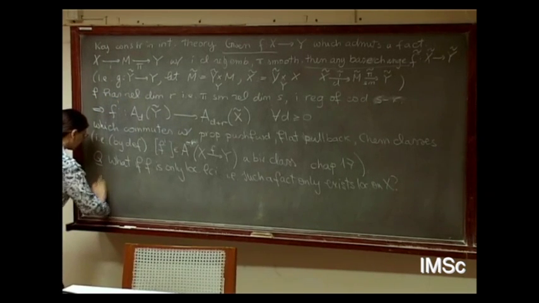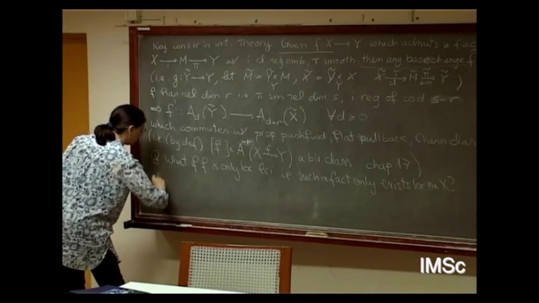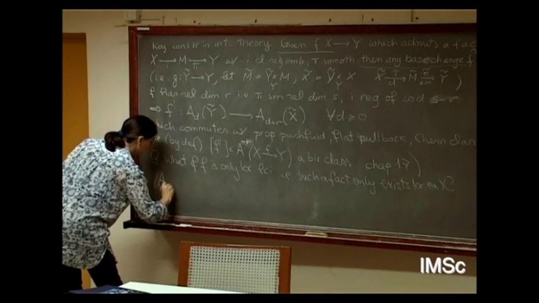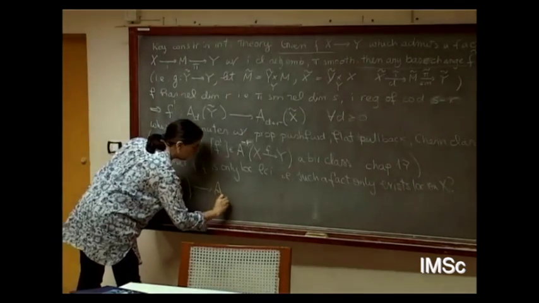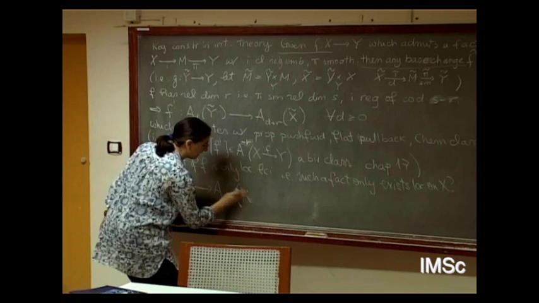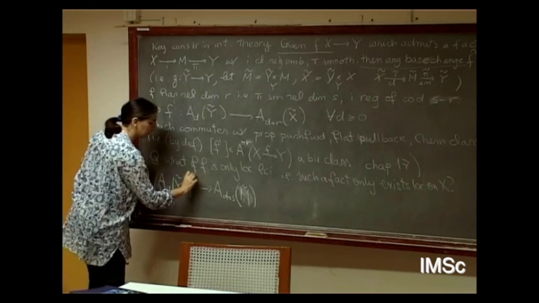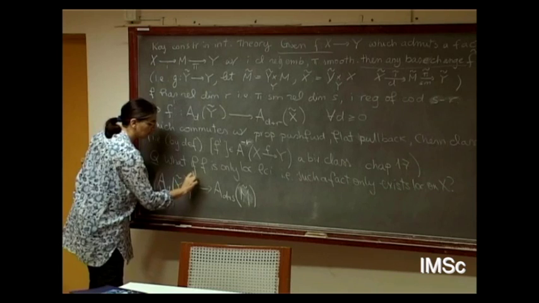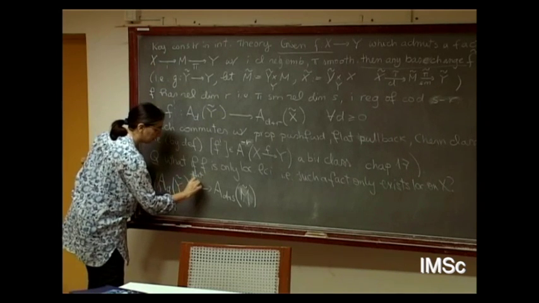So the f upper Schrieg was obtained by composing a number of steps. First one went from A_d of Y twiddle to A_{d+s} of M twiddle, and this was just flat pullback because every smooth map is also flat.